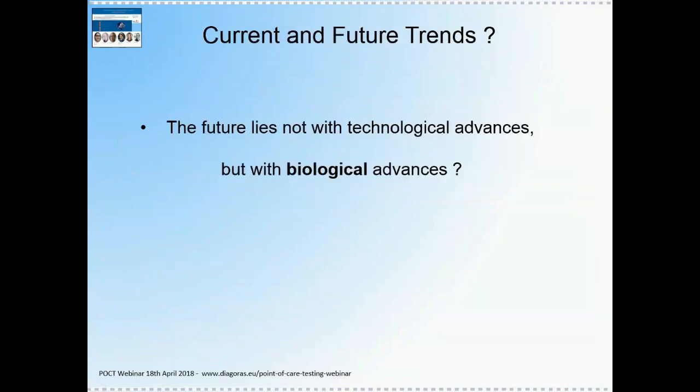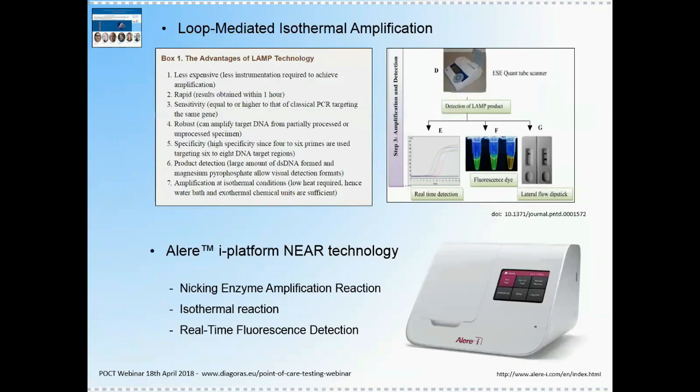So maybe the future doesn't lie with technologies, maybe with technological change, maybe it lies with biological advances. So for example, with isothermal techniques, you may have heard of LAMP technology, and there's the ELERA platform, nicking enzyme amplification reaction, which use isothermal techniques instead of the, let's say, more traditional PCR techniques of heating, cooling, extension, heating, cooling, extension.